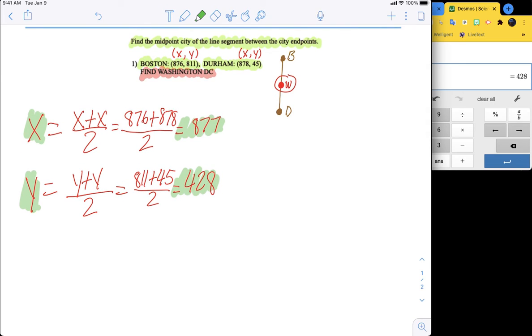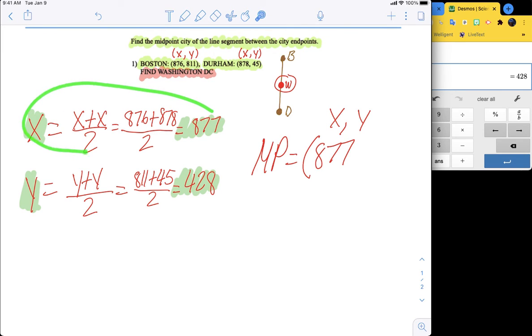So our midpoint is equal to x comma y, where x is 877 and y is equal to 428.